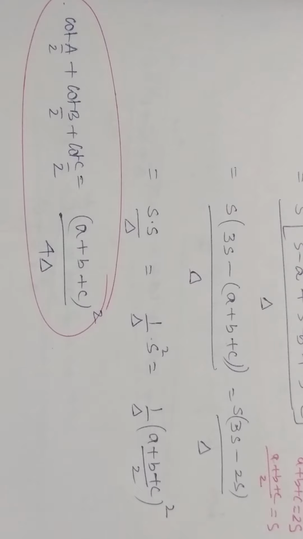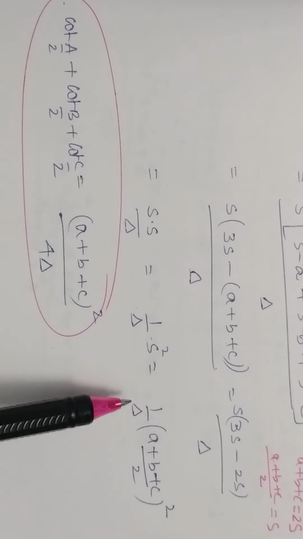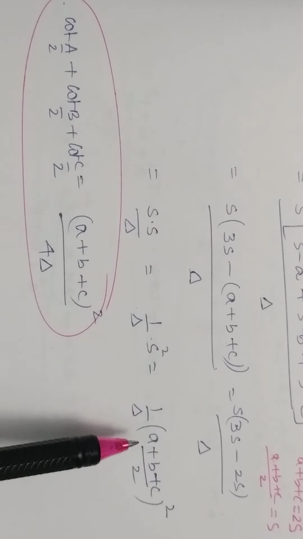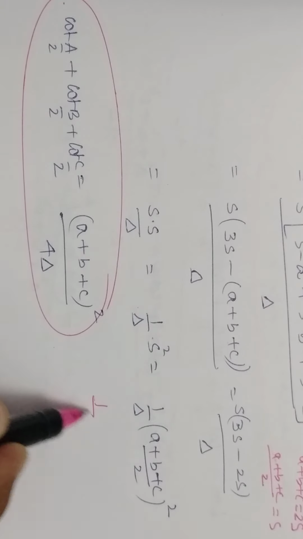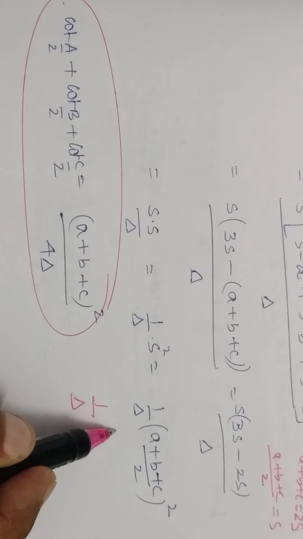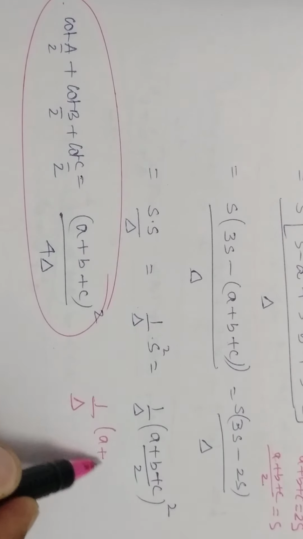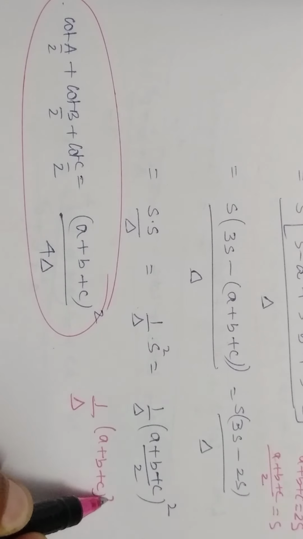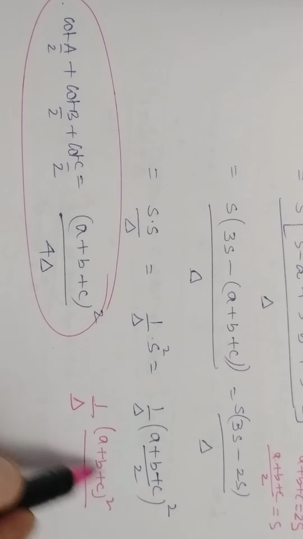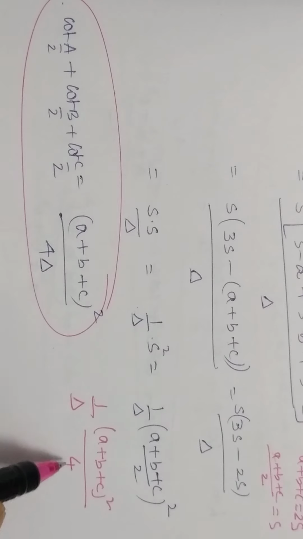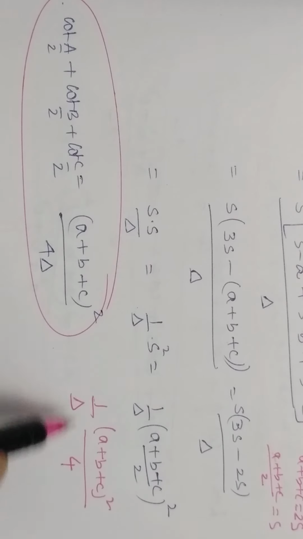Now 1/Δ, separate the numerator square and denominator square. (A + B + C)² by 2², 4. So the denominator becomes 4Δ.